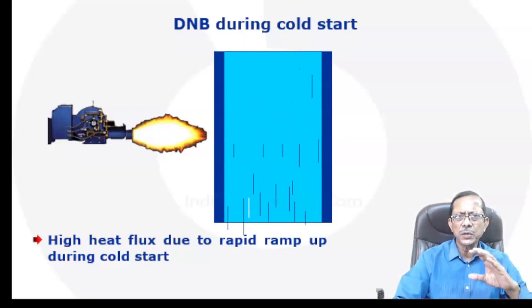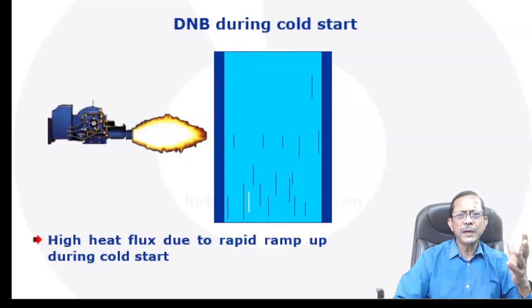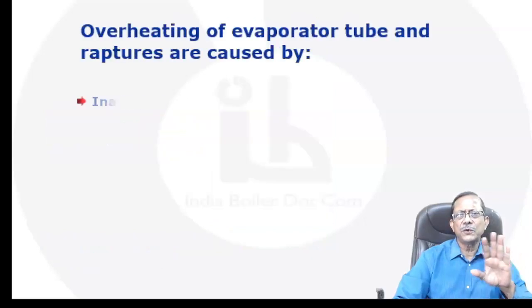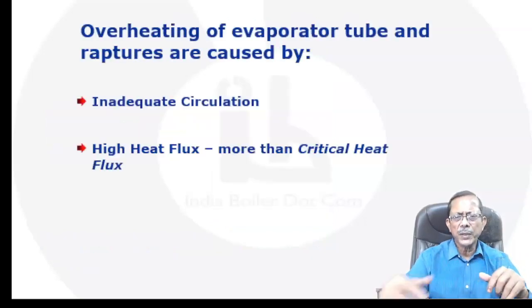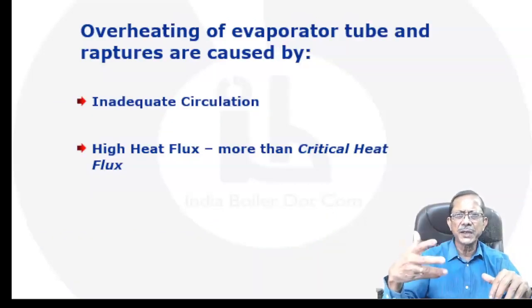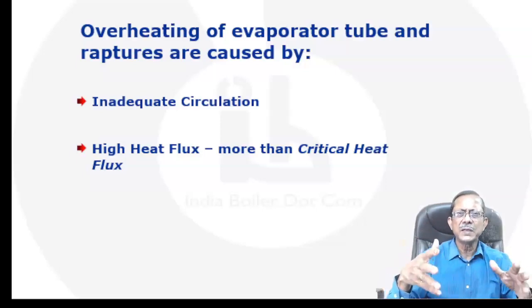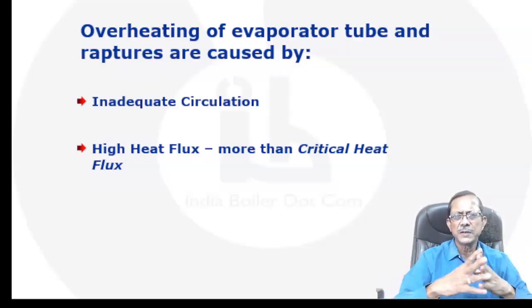High heat flux during cold start, during fast ramp-up condition. So overheating, I would say, will be a factor of two things. One would be when the circulation is inadequate, and the second is if the heat flux is very high.